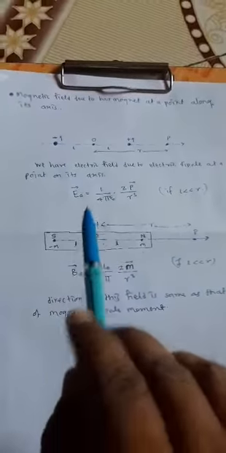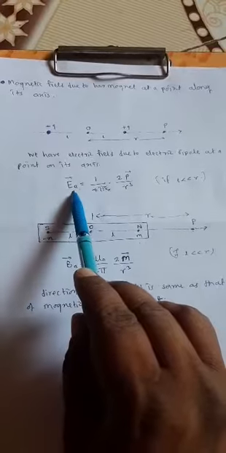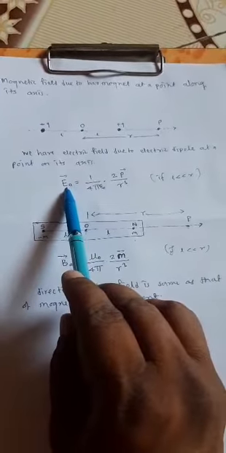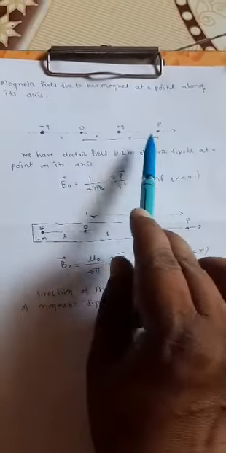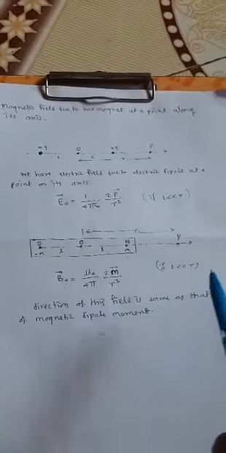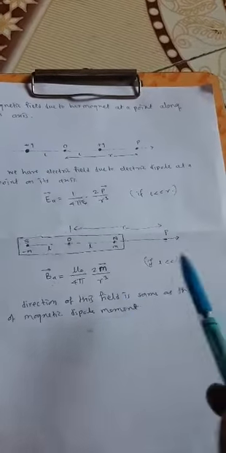Now we know what is the direction of E_A? Electric field is a vector quantity, and the direction of E_A is from negative charge to positive charge. In this case, the direction of the field is the same as that of the magnetic dipole moment.